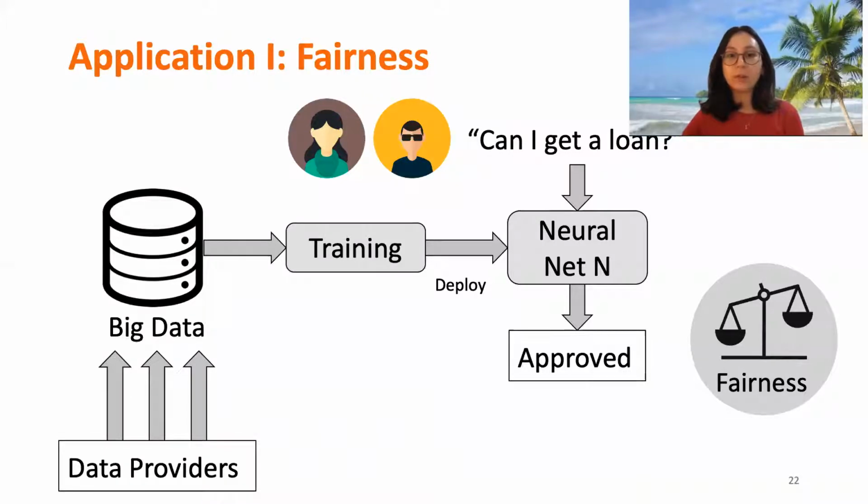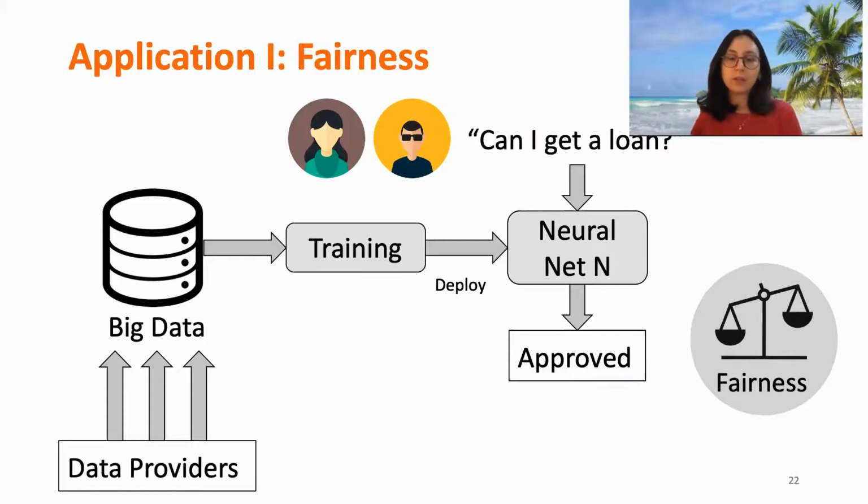For the fairness application, we concretely train binarized neural networks on the UCI adult data set, where they predict if the annual income is higher than a threshold. So you can think of it as, if it's higher than a threshold, the individual can get a bank loan.